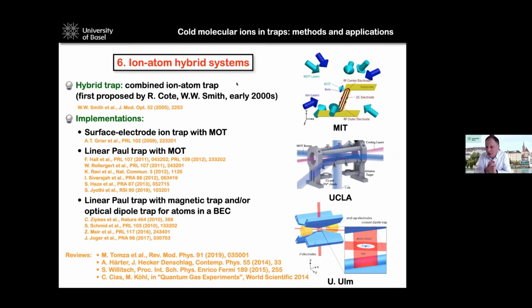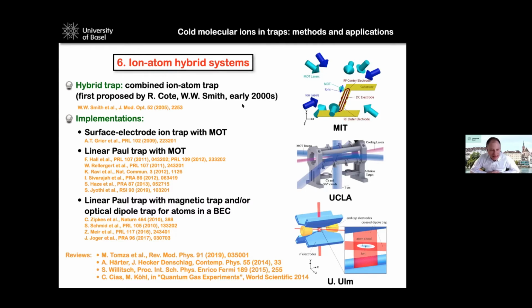Now let's talk about hybrid traps. A hybrid trap is a combination of an ion trap with an atom trap. And that is an experiment that was originally proposed in a series of papers by Robin Coté and Winthrop Smith in the early 2000s.